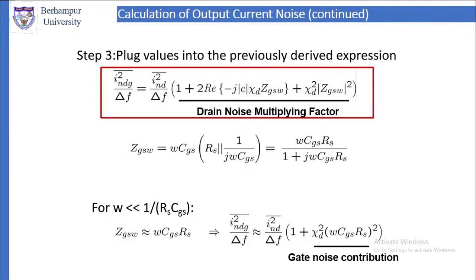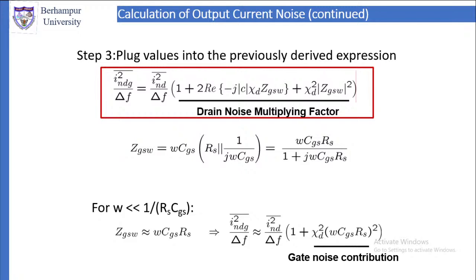Then the third step is plug this value into the derived expression for the noise figure. So the covariance of NDG current divided by delta F is equal to covariance of ND current divided by delta F into the drain noise multiplying factor.